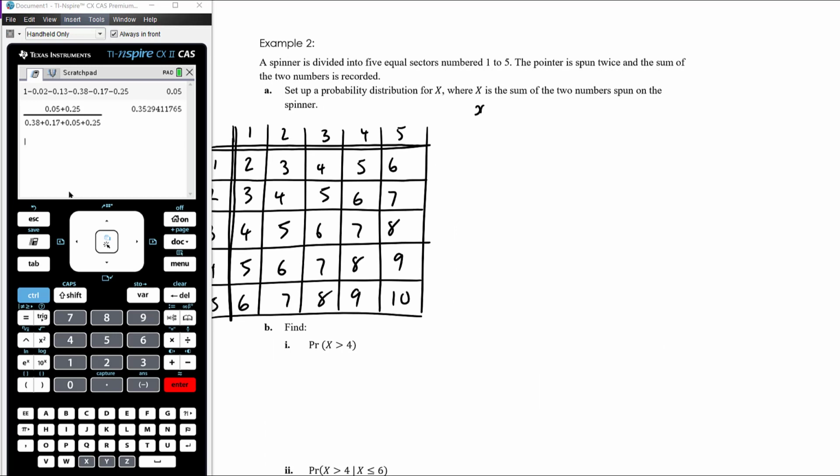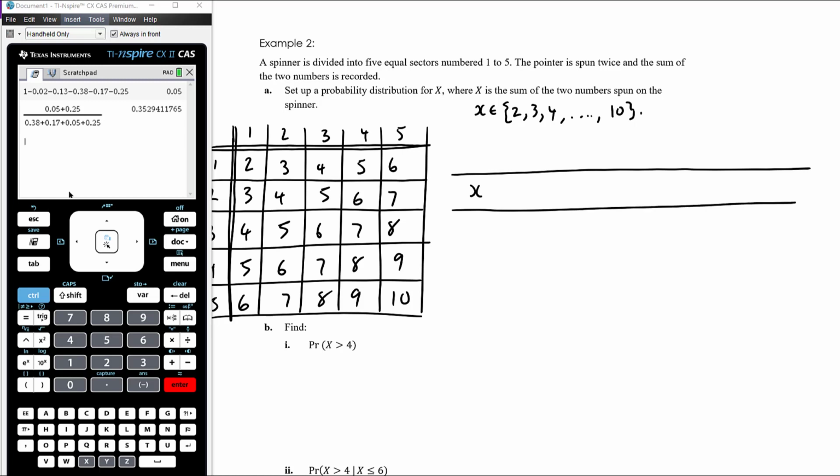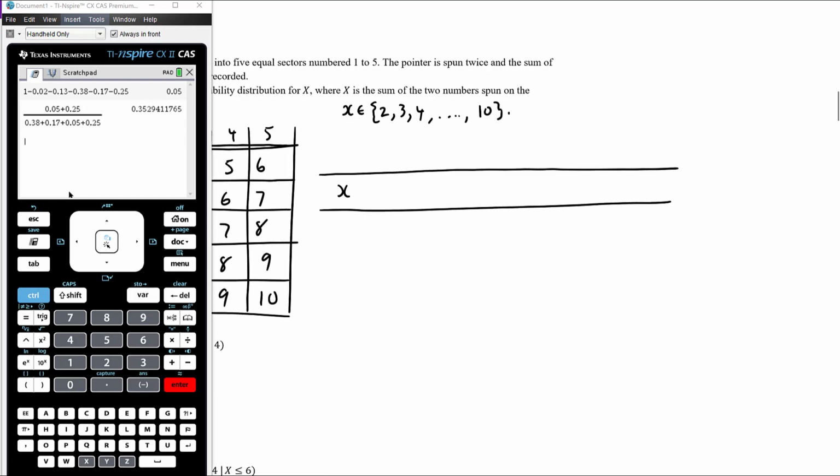So if we think about the possible values that x can take, the smallest value we can see there is 2, and then it can take every other value, so 2, 3, 4, etc., up to 10. So that means in setting up our probability distribution, I'm going to need quite a long table because it's going to have 9 different outcomes.